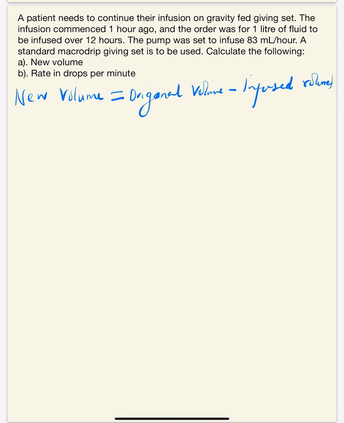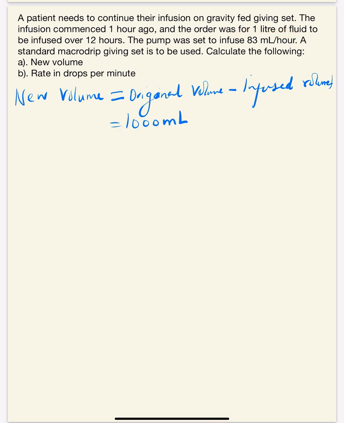We know that our original volume is 1 liter, which is equivalent to 1000 ml. We never use liters; we always convert them to milliliters. That was the original volume prescribed by the physician.